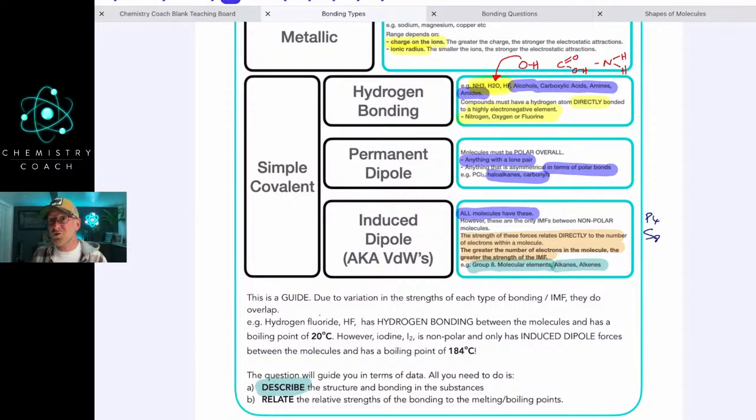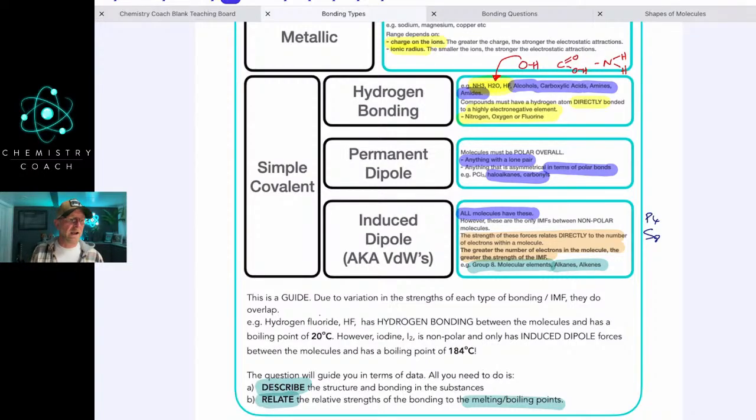And once you describe the structure and bonding in each of those things, you can then relate those relative strengths to the melting and boiling points. That's the explain bit. So when questions say explain why, and it's got a difference in melting and boiling point, okay, that is water, and that is, I don't know, sulfur dioxide.